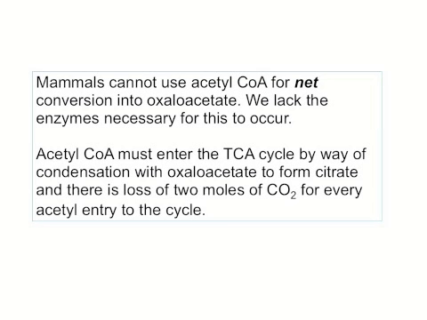We lack the enzymes necessary for this to occur. Acetyl-CoA must enter the TCA cycle by way of condensation with oxaloacetate to form citrate, and there is a loss of 2 moles of carbon dioxide for every acetyl entry into the cycle. We cannot use acetyl-CoA for this.